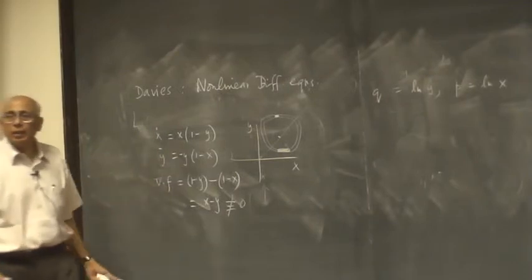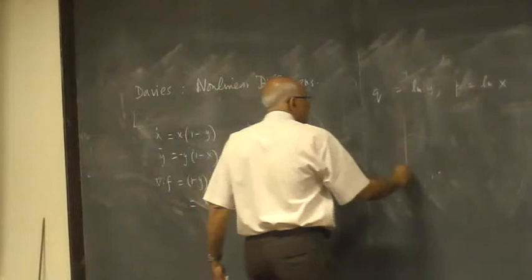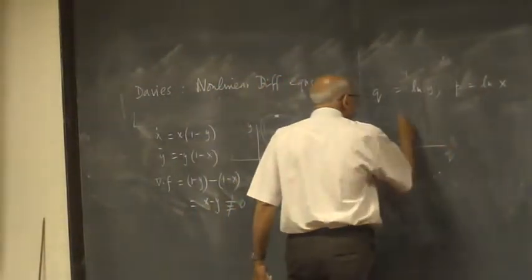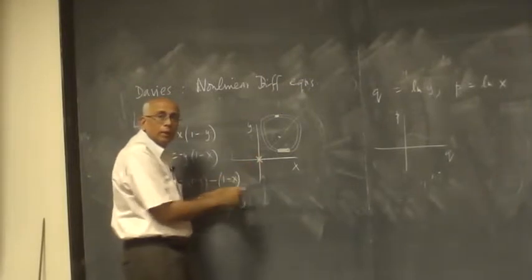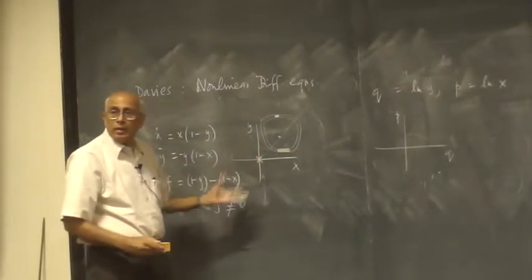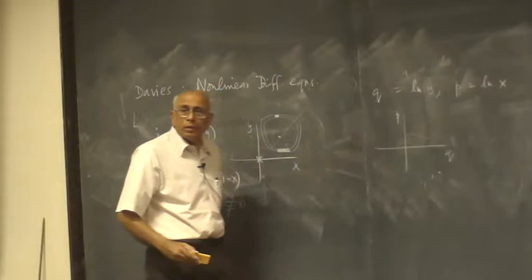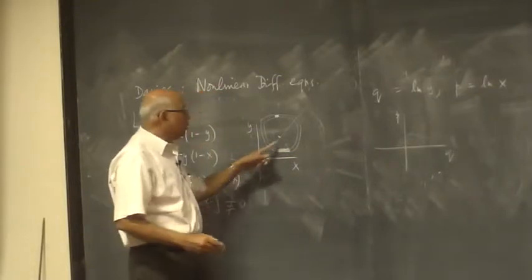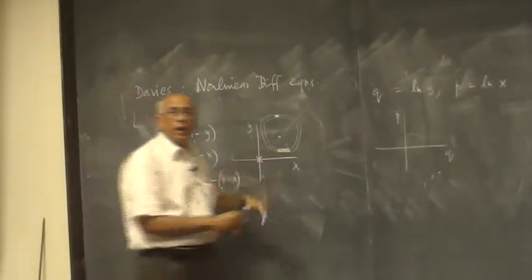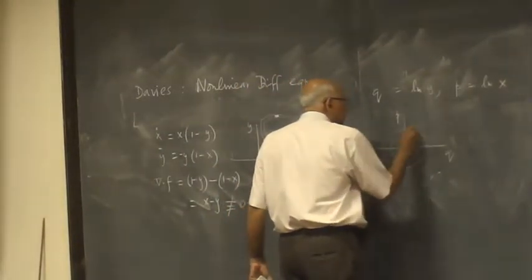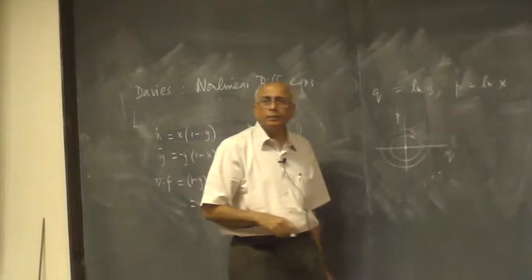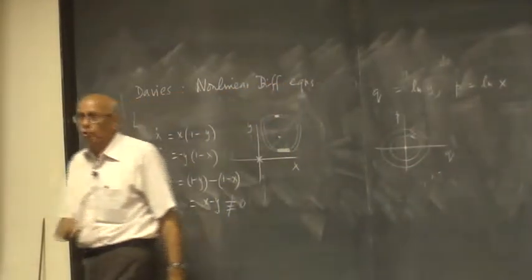It's a Hamiltonian system, because the critical point in the qp plane, the critical point at the origin here, xy, log 0 is minus infinity, so this critical point goes away to minus infinity, but 1, 1, log 1 is 0, and it comes here. And there's a center, and you have a harmonic oscillator, at least close to the critical point.